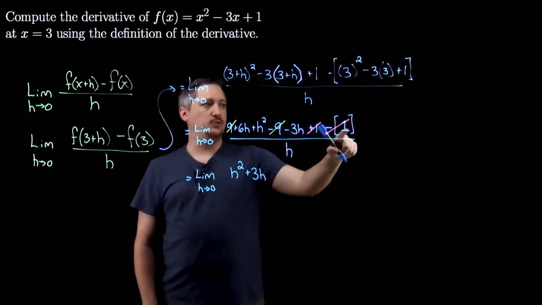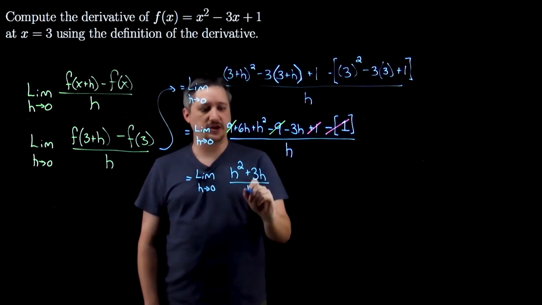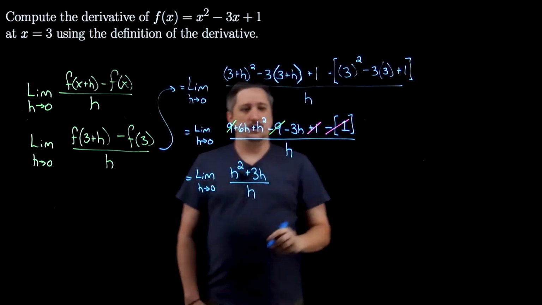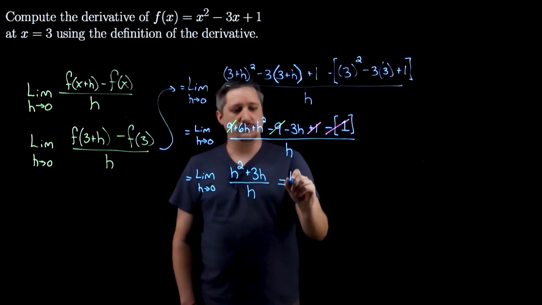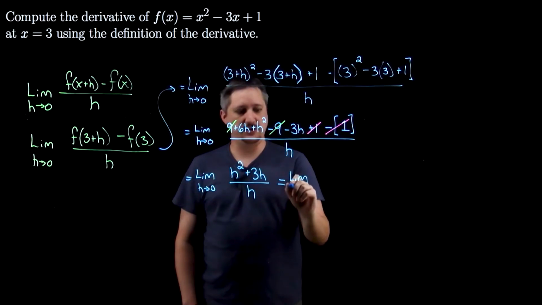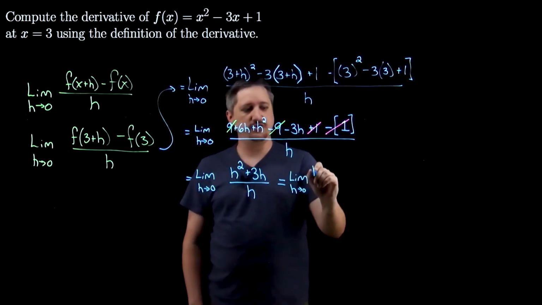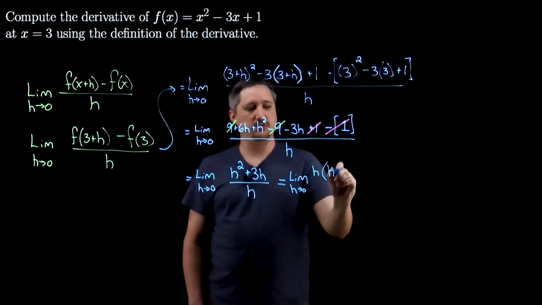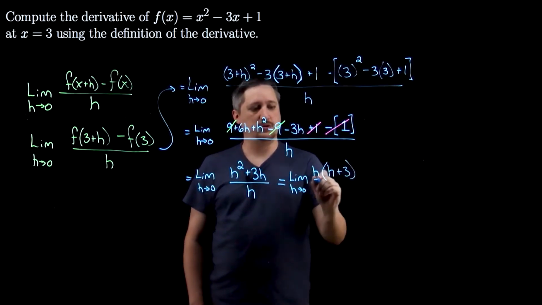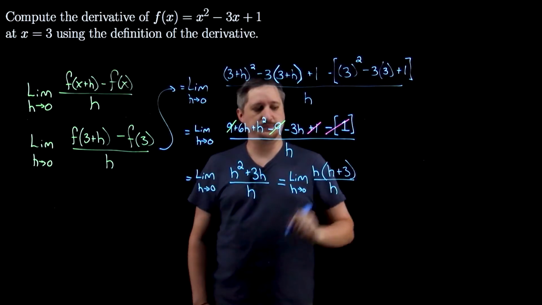The 9's canceled, the 1's canceled, so it's all of that over h. Which I could also write, to be clear for what's going to happen in the next step, by factoring out the h. So this would be h times h plus 3 over h.